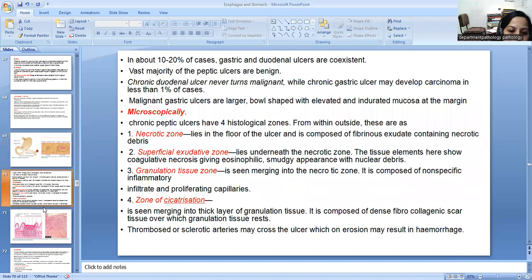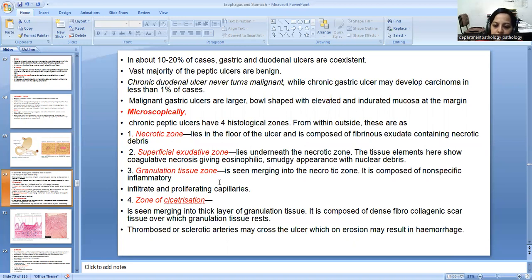Microscopically, chronic peptic ulcers have four histological zones from within outward. These are the necrotic zone, which lies in the floor of the ulcer and is composed of membranous exudate containing necrotic debris. Then there is the superficial exudative zone, which lies underneath the necrotic zone. The tissue elements here show coagulative necrosis, giving eosinophilic smudging with nuclear debris.